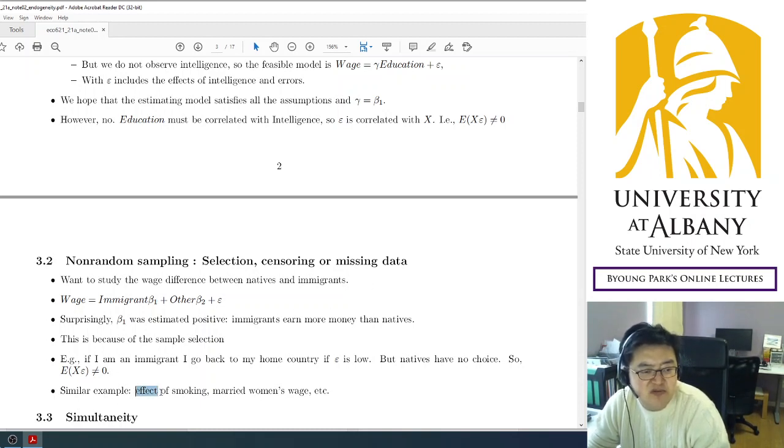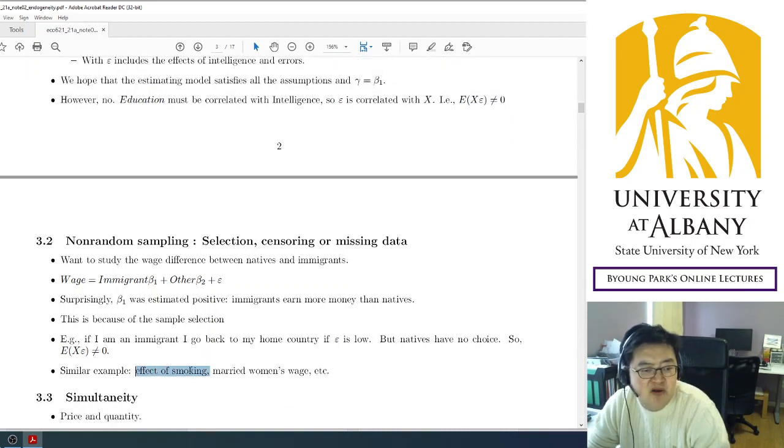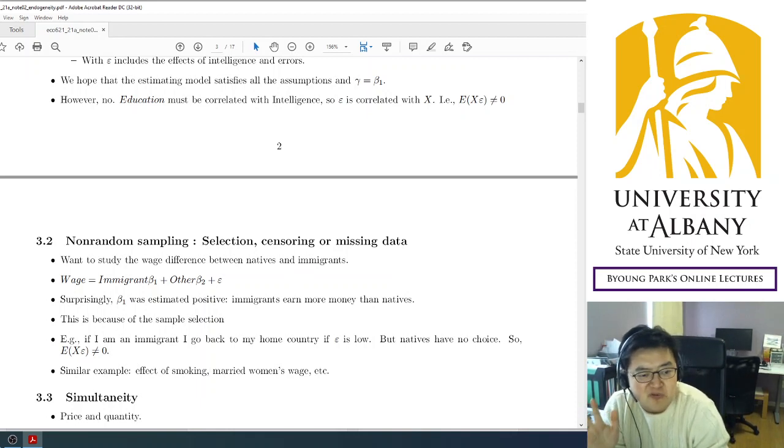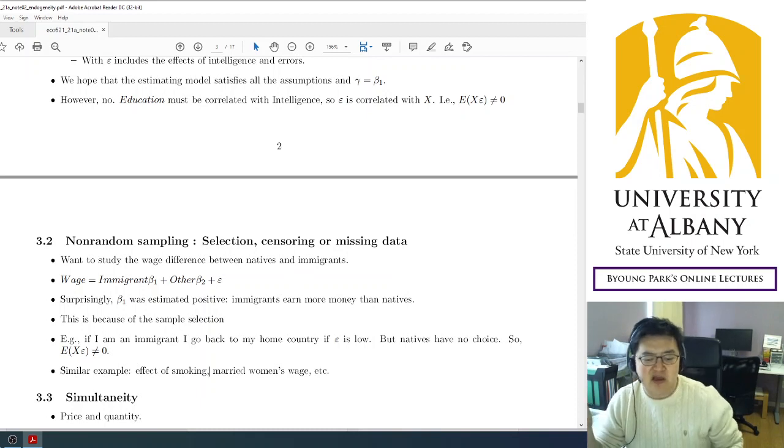Similar examples, for example, effect of smoking. It's famous. Medical researchers studied some people who quit smoking after at least 10 years of smoking history. What they found is after they quit smoking, they died very quickly. Their life expectancy was very low. It seems like quitting smoking is more dangerous.